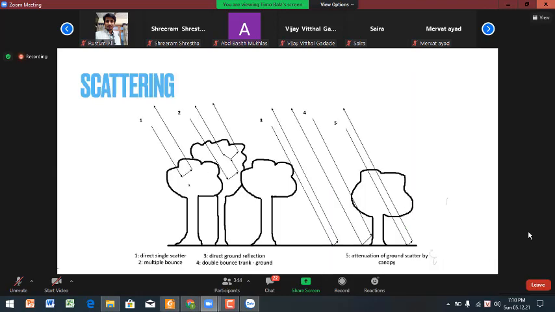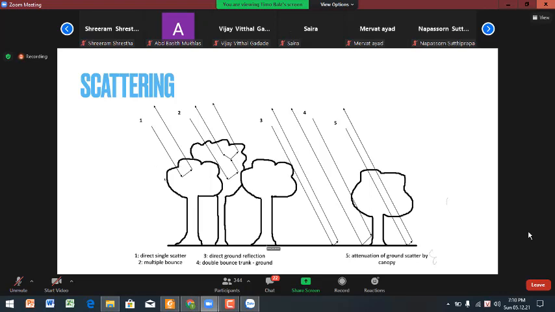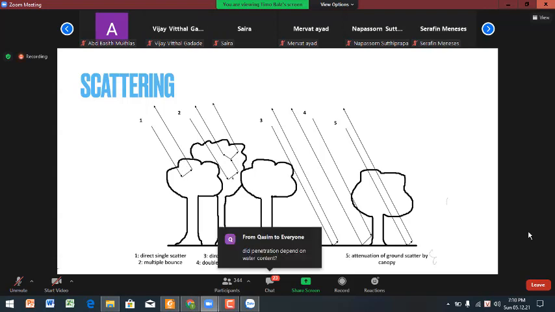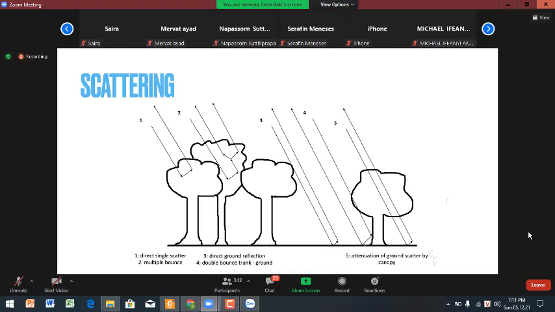All right, scattering also depends on how deep you go, which wavelengths you have. Are you getting directly scattered from the top? Do you have some multi-bounces, some volume scattering inside the canopy? Do you have a direct reflection from the ground, or a kind of double bounce from the ground to the trunk of the tree and then back?